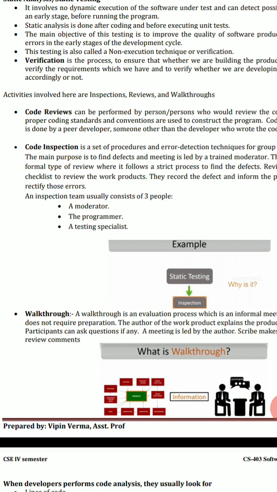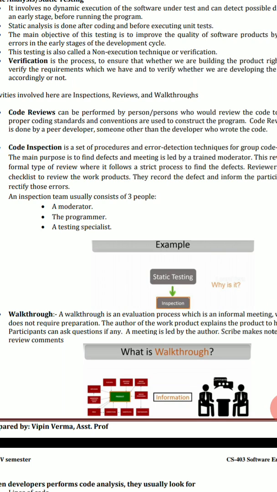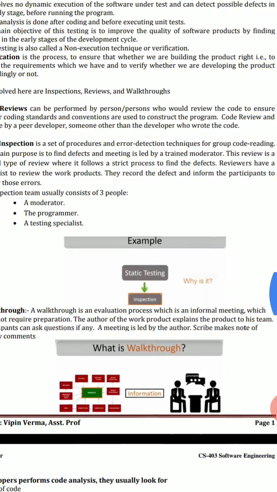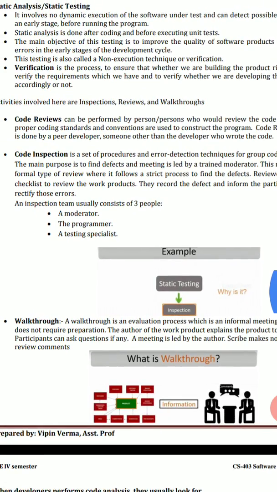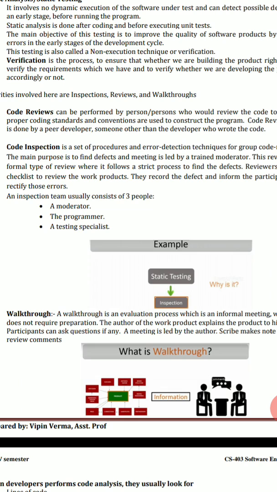So these are the ways through which we are performing the static testing method. In code review, a person reviews the code to check the conventions or standards corresponding to a program. The code review is done by a peer developer.